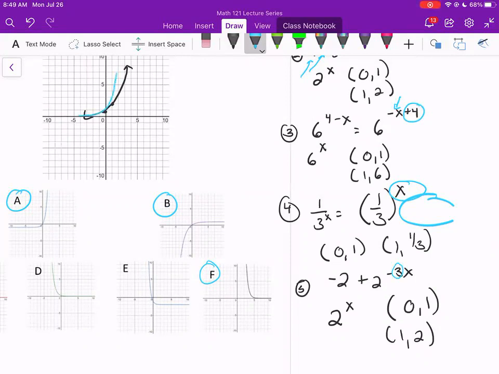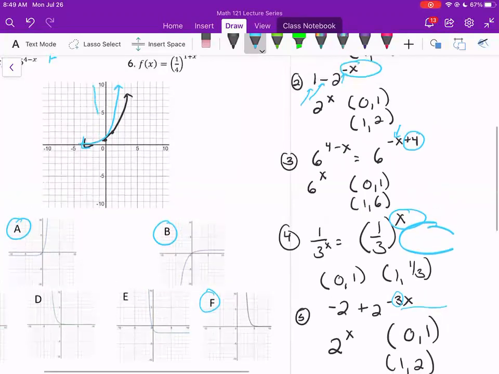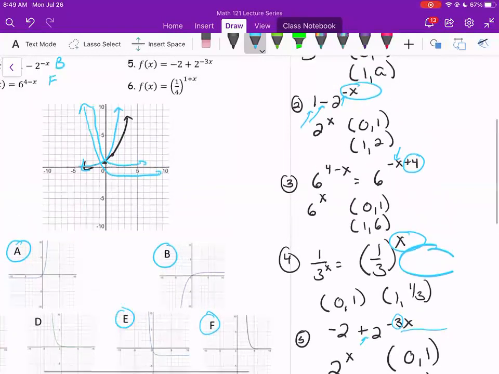So our graph's going to look more like this to begin. There's no left or right motion since there's nothing out here. However, the negative is going to cause a y-axis reflection, giving us something more like this. And then no x-axis reflection since there's not a negative here, but then it's going to shift down 2, giving us something more like this, which results in choice E.